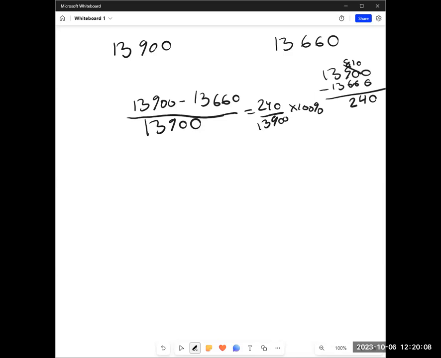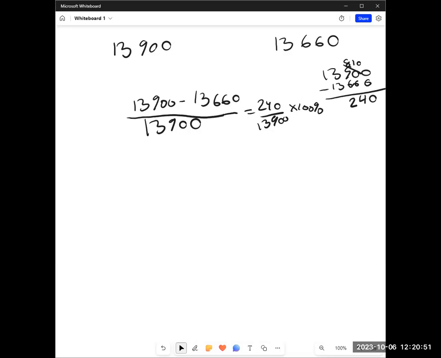So let's go ahead and try and turn this into a decimal. I'm going to go ahead and use my calculator to do that. 240 divided by 13,900. I get a lot of numbers. It doesn't come out evenly. And my instructions here tell me to round to the nearest tenth of a percent as needed.